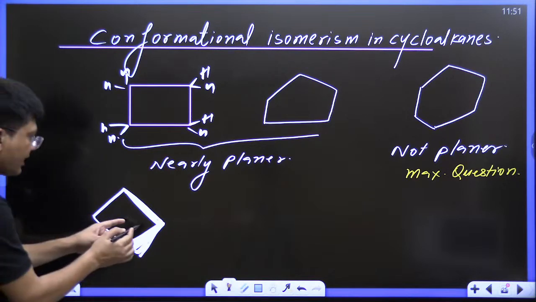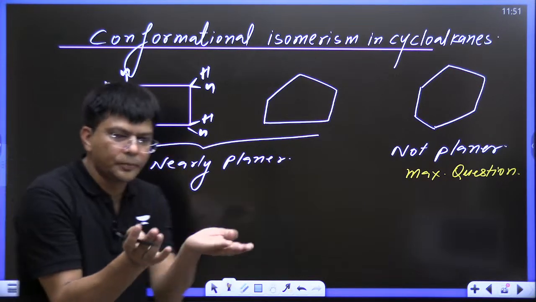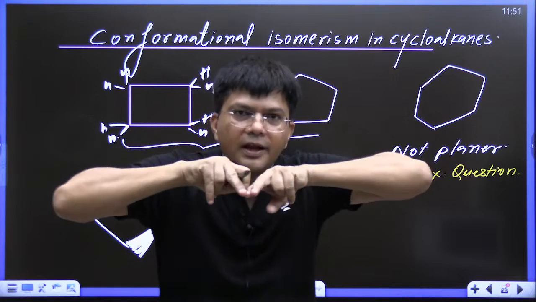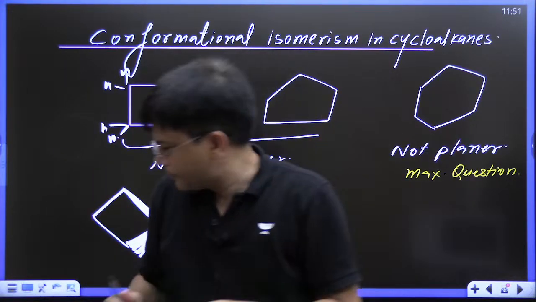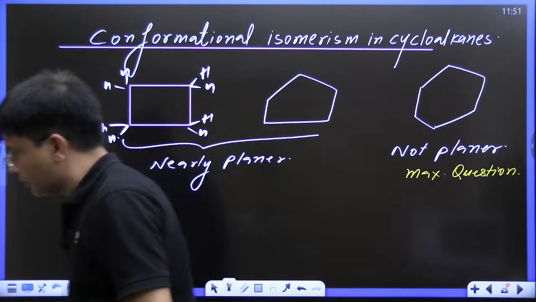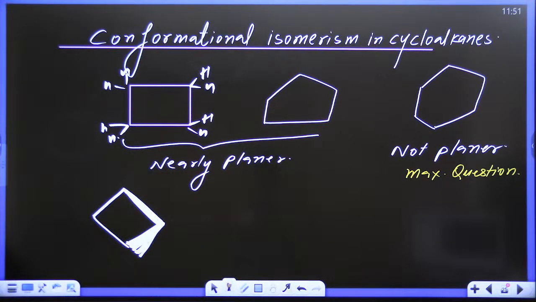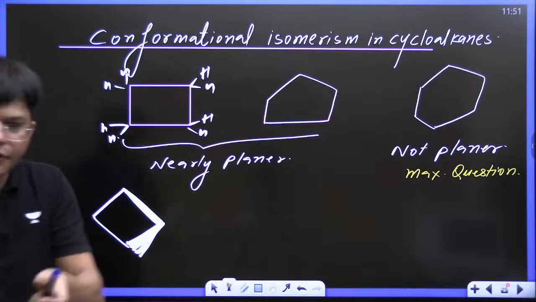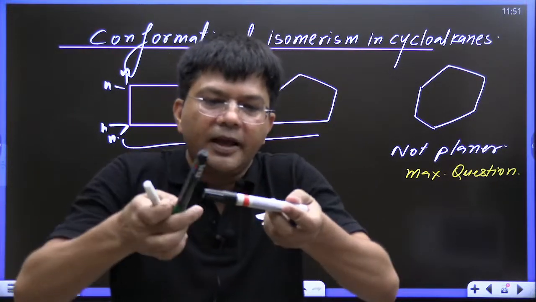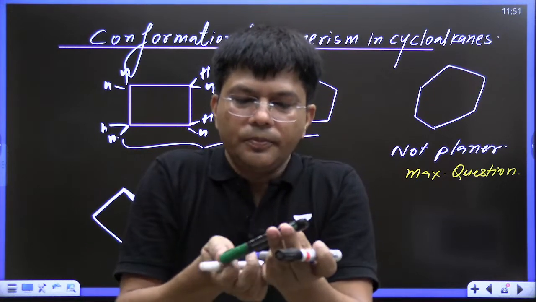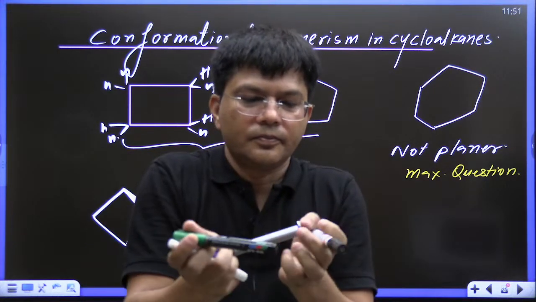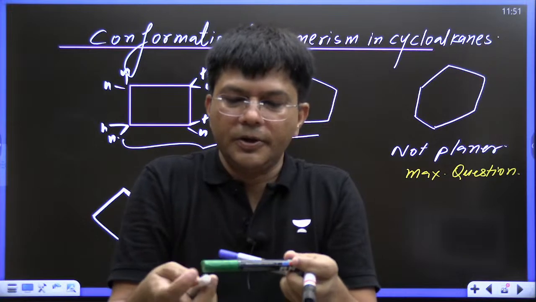Now suppose I draw cyclobutane like this. Not able to understand? Let me draw a 3D diagram, cyclobutane's 3D diagram. So you must be thinking cyclobutane is like this. Try to understand. According to you, cyclobutane is like this, isn't it? Do let me know.